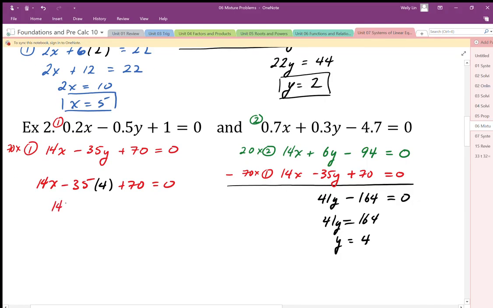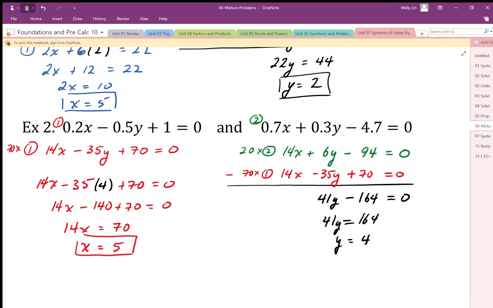So I'm going to solve for x. 14x minus 140 plus 70 equals 0. I end up with negative 70, so I'm going to put the negative 70 onto this side as positive. Divide both sides by 14. 70 divided by 14 is equal to 5. Then we have our coordinate pair. Our solution to our system is x equals 5, y equals 4.